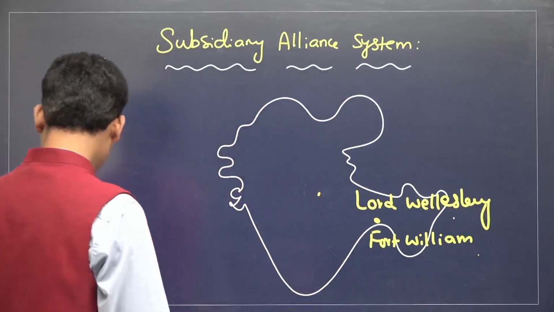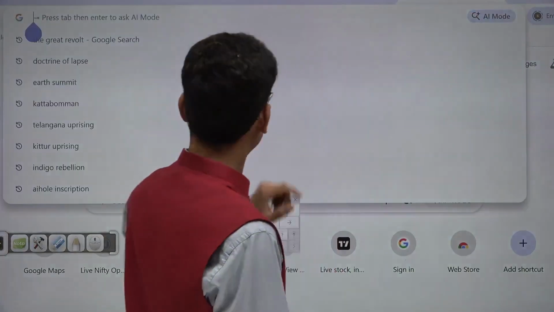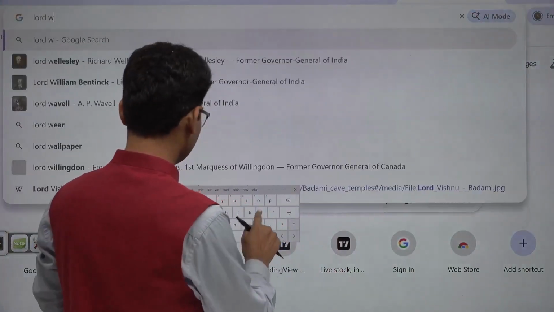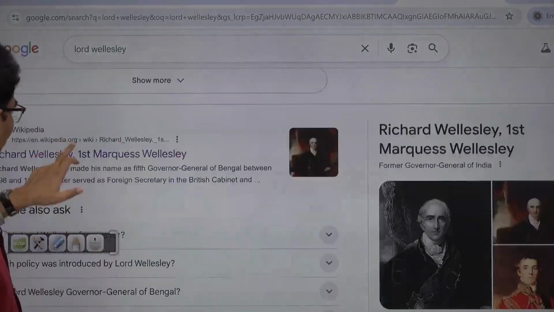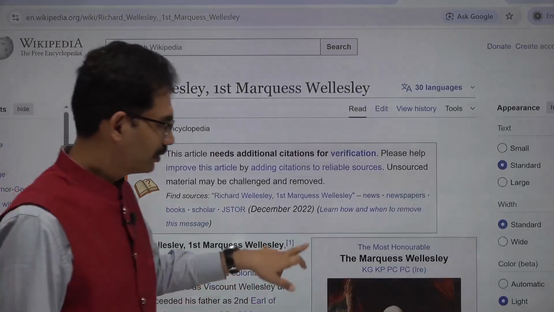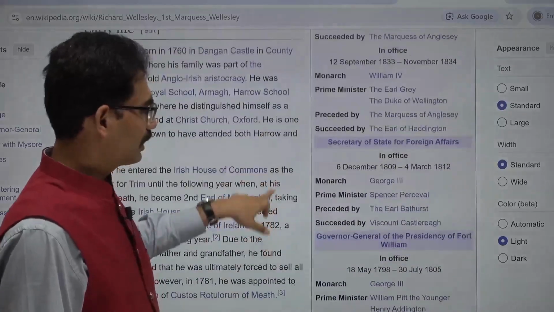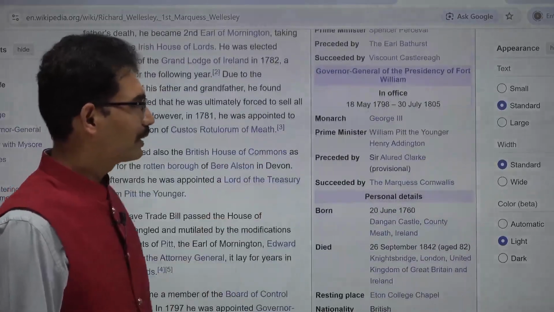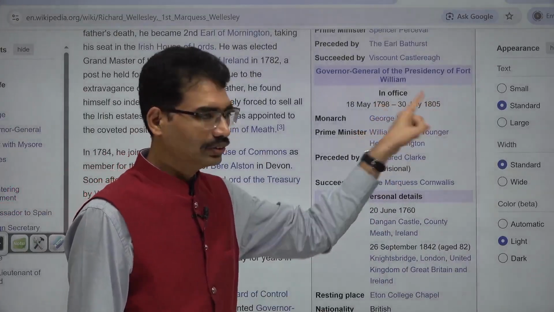When it comes to Lord Wellesley, he utilized this particular policy very rigorously. He is the one. What is the time period? As Governor General of the Presidency of Fort William, he was there from 1798 to 1805.